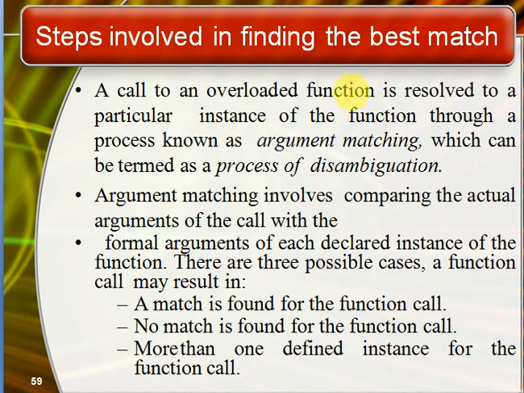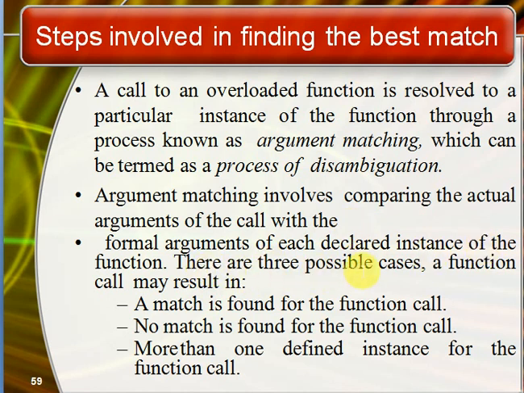Steps involved in finding the best match during function overloading. A call to an overloaded function is resolved to a particular instance of the function through a process known as argument matching, which can be termed a process of disambiguation. Argument matching involves comparing the actual arguments of the call with the formal arguments of each declared instance of the function.